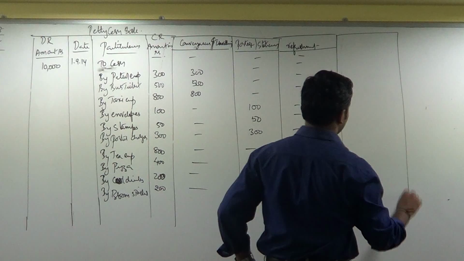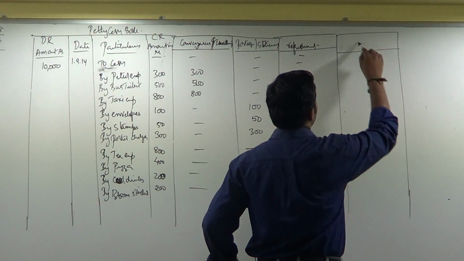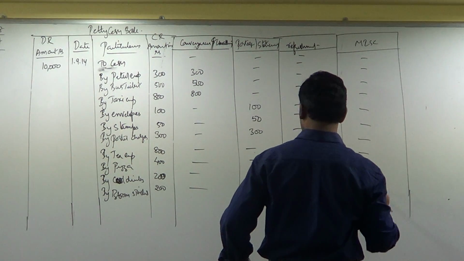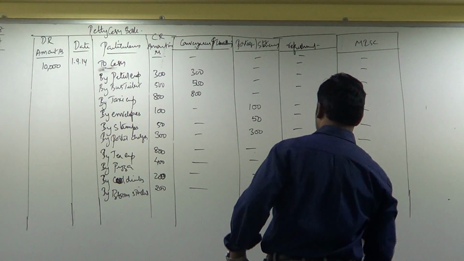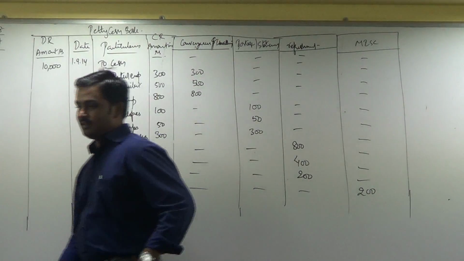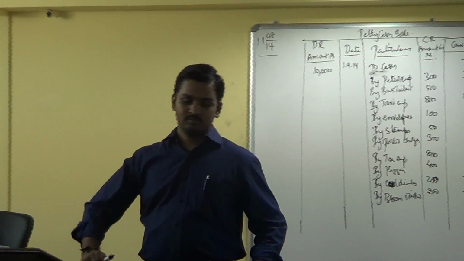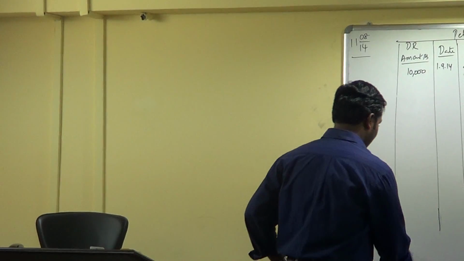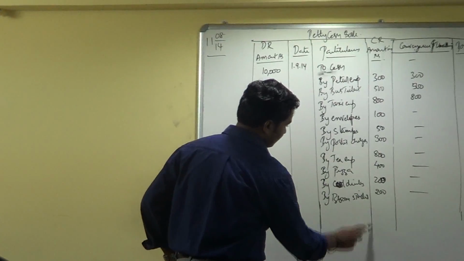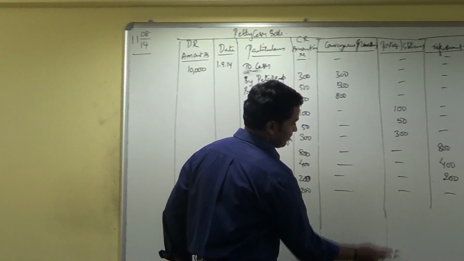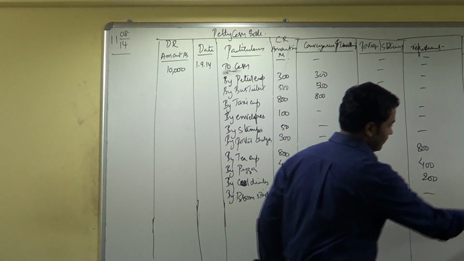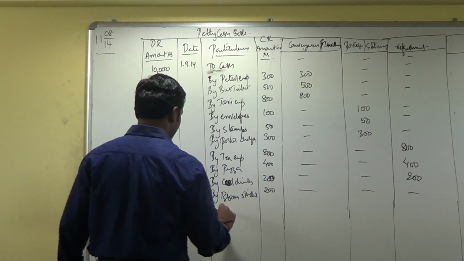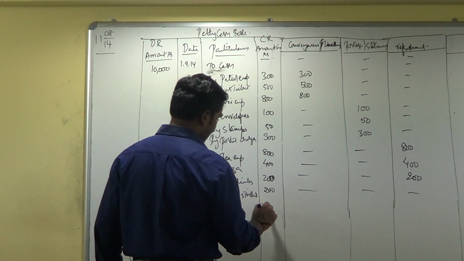Open one more column now: miscellaneous. After broomsticks, what do we have? Buy matchbox, how much? 10 rupees.